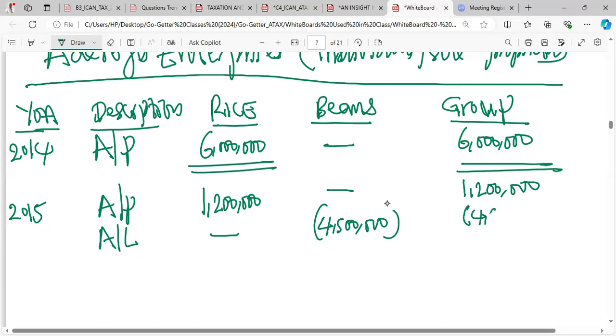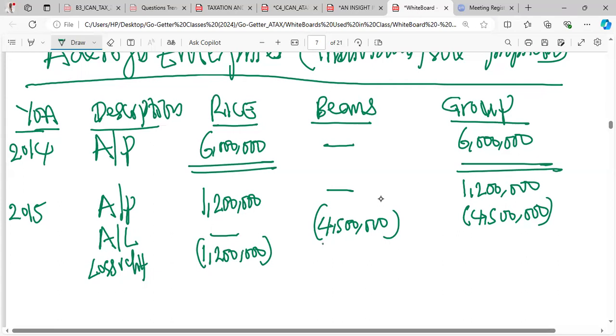All right. Now we said that these beans, you can only relieve as much in the current year loss from rice. So we can say loss relief. So we can take here 1,200,000. That is part of this.